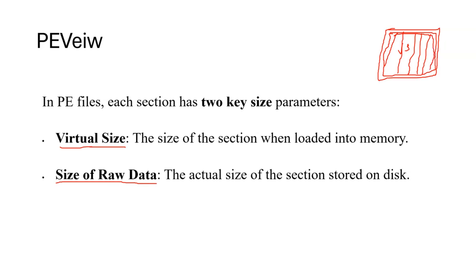It should be approximately the same as the virtual size. For example, this is the virtual size and this is the raw data size. They should be almost the same. That's the meaning. And let's say outside is the memory.